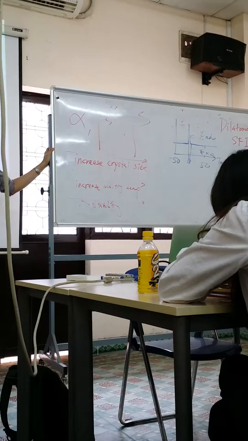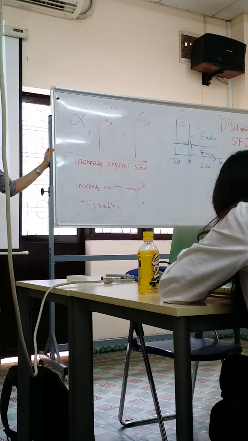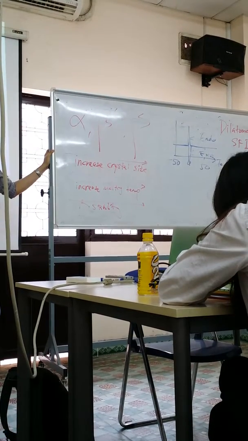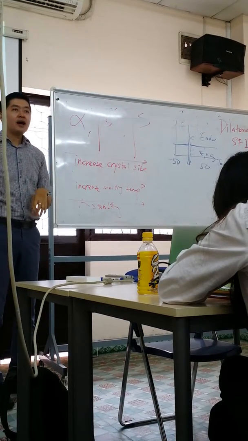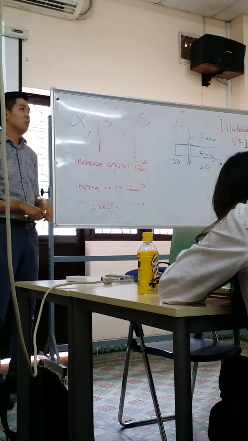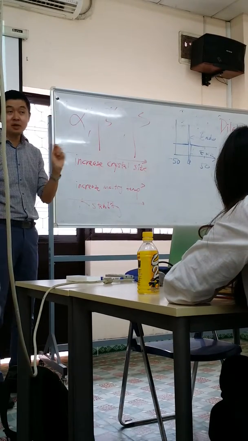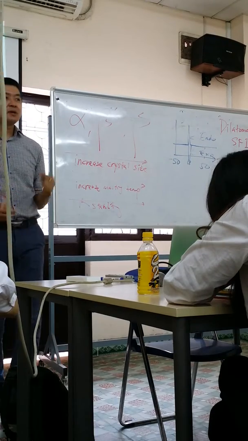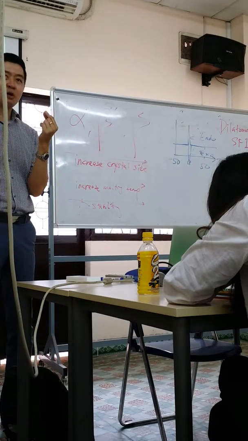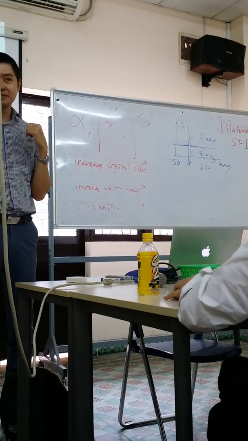The answer is no answer, because it depends on the type of product that you want to produce. Okay. In the ice cream industry, we want this fat crystal. We know it is not stable. We know these are not stable. But because the crystal size is small, the eating sensation is good, we like this.